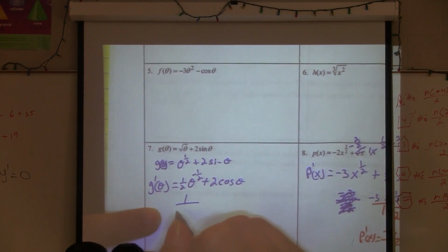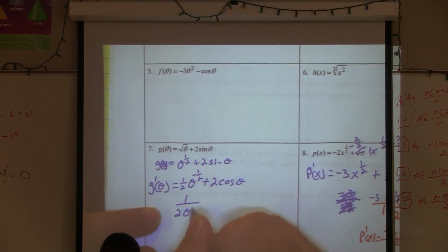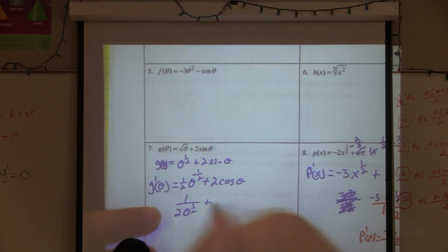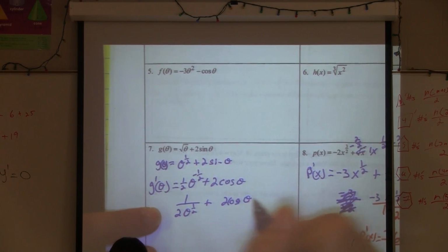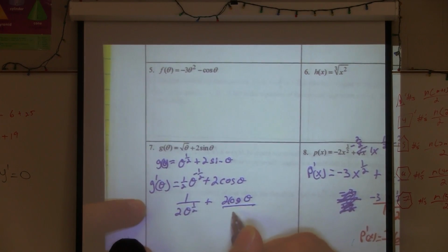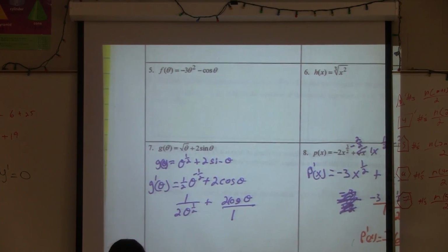1 over 2 theta to the half, plus 2 cosine theta over 1. Oh, we need a common denominator. What is the common denominator going to be? 2 theta to the half, right?